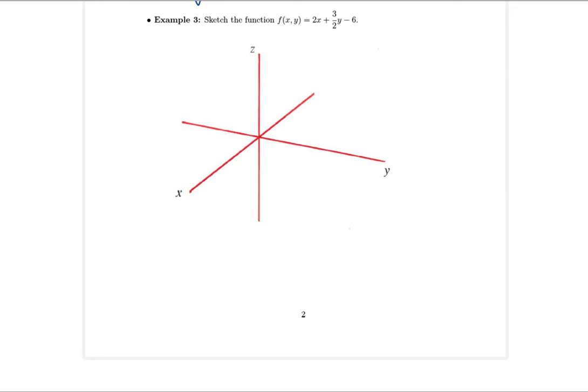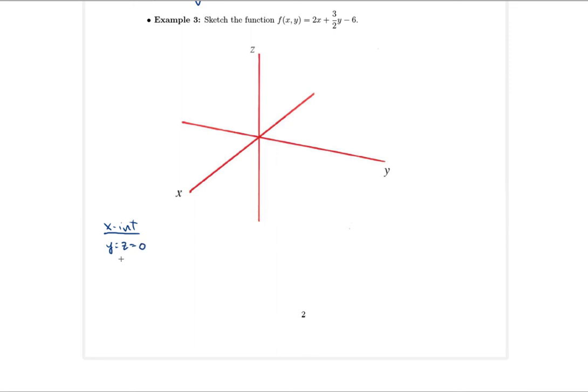All right, so when you went to sketch this, what I hope you recalled from before is that when we are sketching planes, it's really nice to be very accurate at the x, y, and z intercepts. So let's go ahead and find our x, y, and z intercepts. So first of all, let's do the x-intercept. That's when y equals z equals 0.